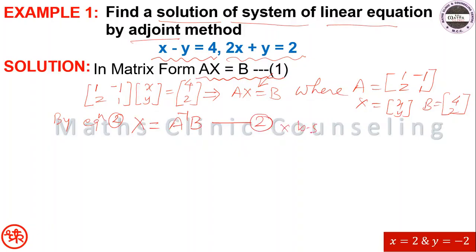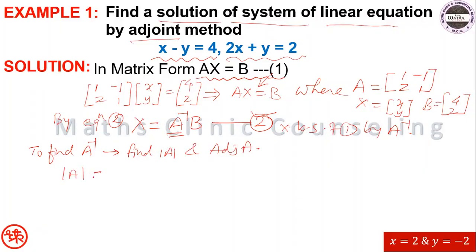Multiply both sides of equation 1 by A inverse, तो आपको ये इक्वेशन मिलेगा 2. तो we need to find A inverse now. अब A inverse निकालना, तो now to find A inverse. Okay, तो क्या क्या निकालना है आपको? Find determinant of A and adjoint of A. Is that clear? So let us see.